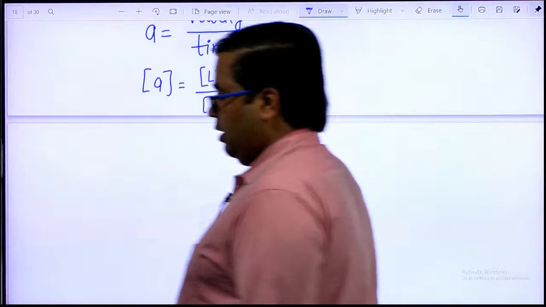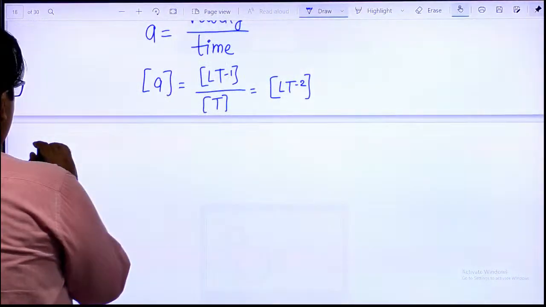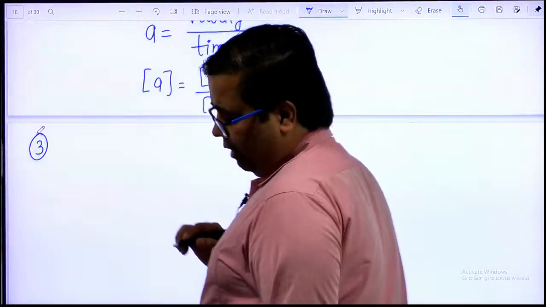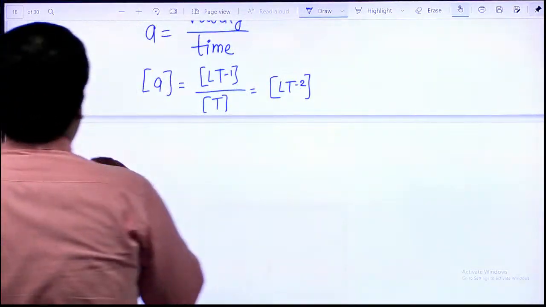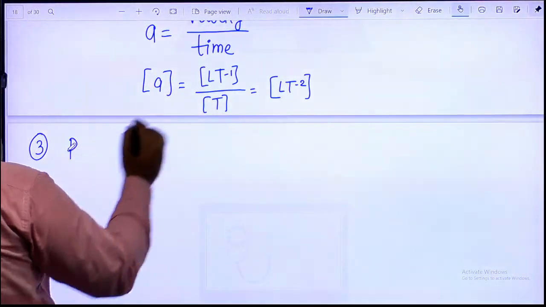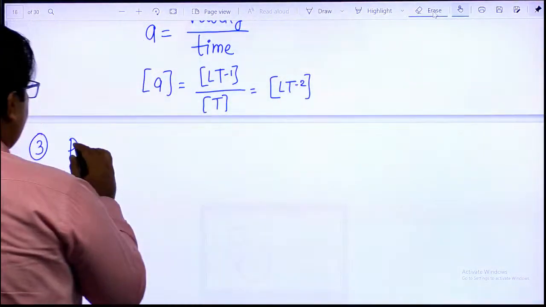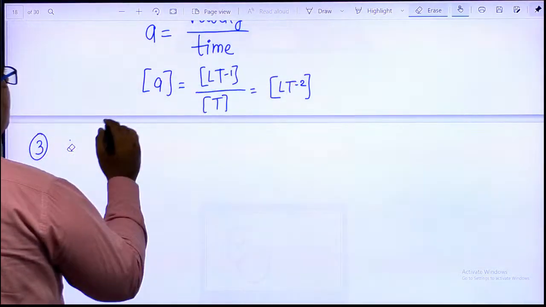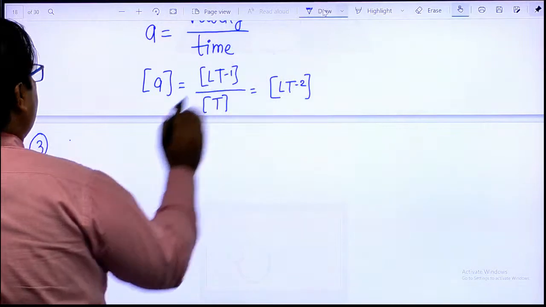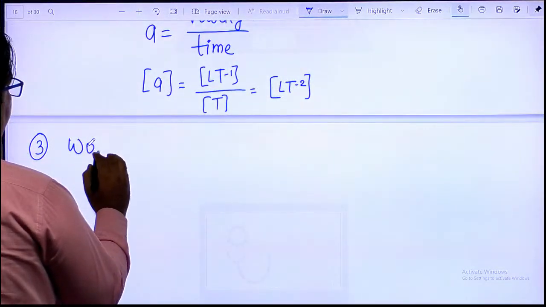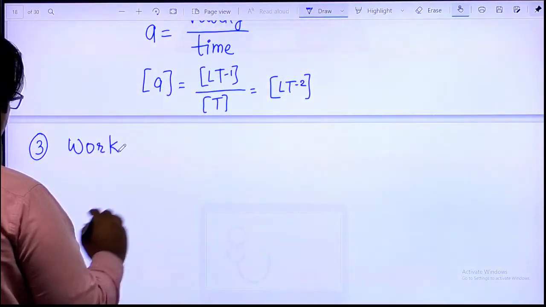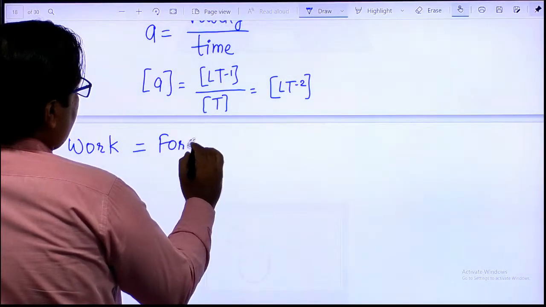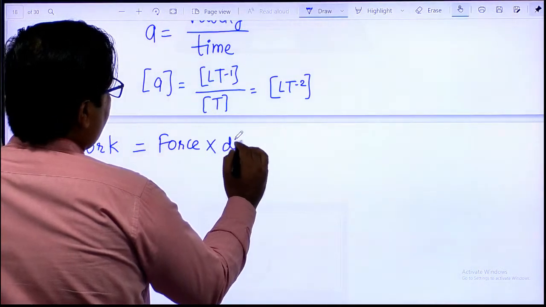Another one: the dimension of force. Actually, we have seen the dimension of force above, so I'm not finding it again. Let's start with work. Work is force into displacement.